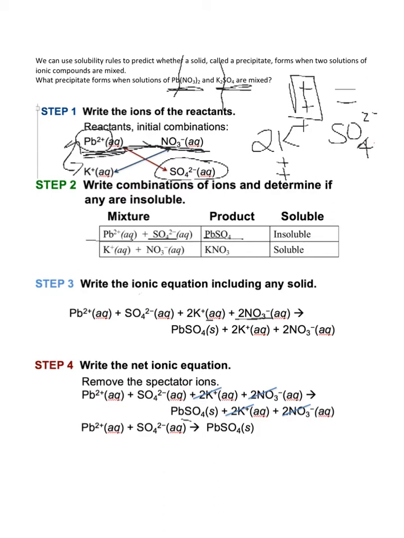We already know that the potassium and the sulfate can pair since they were paired in the original compound, so that's not a new product. We have ruled out the potassium pairing up with the lead because they're both positively charged. That means the only other possibility is to pair it with the nitrate. Since the potassium is a +1 and the nitrate is a -1, they will pair in a 1-to-1 ratio, or K plus NO3 minus gives you KNO3.